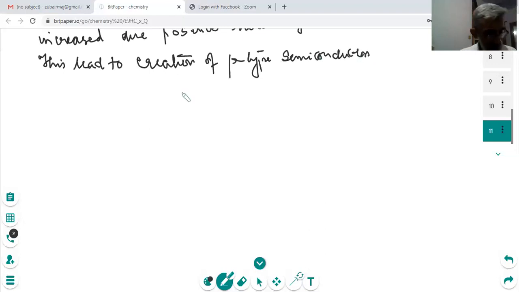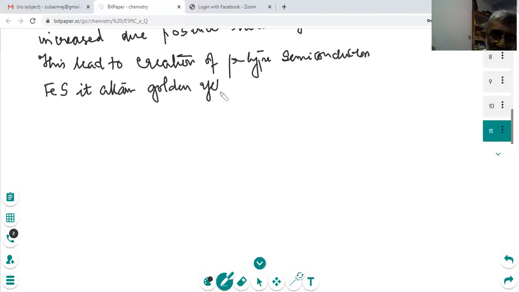P-type semiconductors. And also it generates a metallic luster to this compound. So for FeS, this particular phenomenon imparts a golden yellow color.